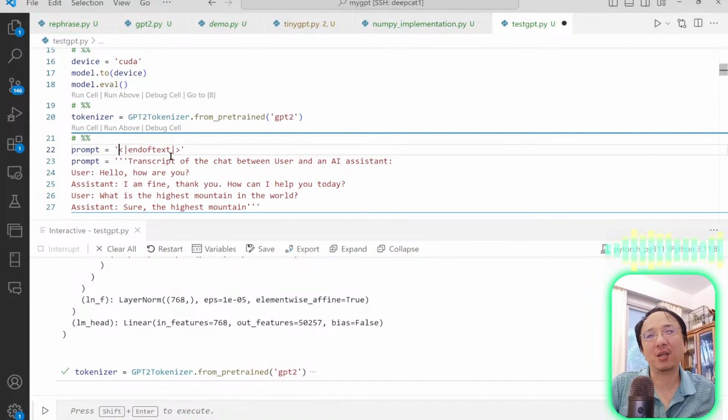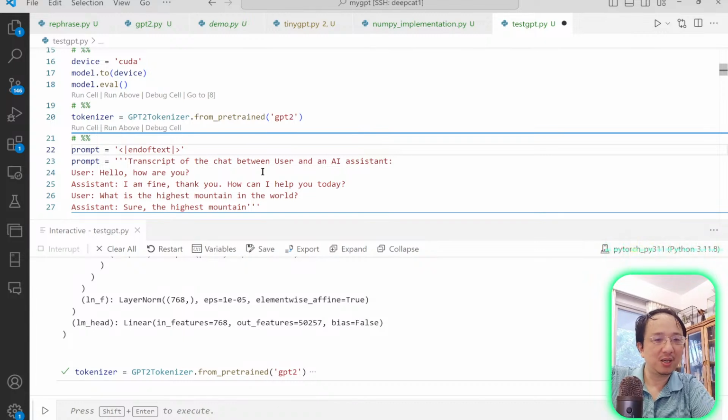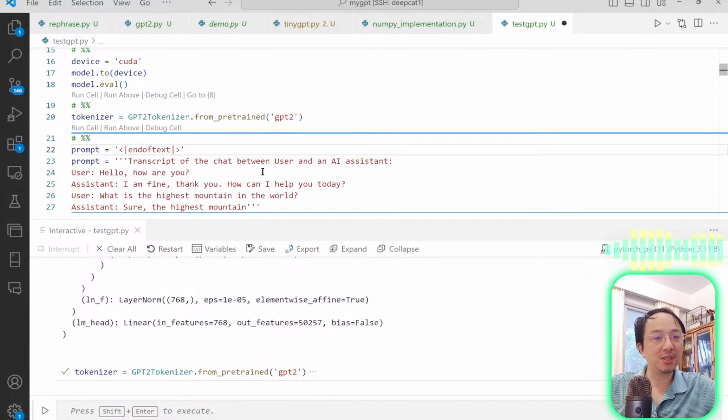As the name suggests, this token represents the end of the text. You can also have a start of text, or, when you do conversations, a token to indicate that the role has changed to another. You can use a token to indicate the beginning or end of a conversation, or a system prompt, the system instruction, or other kinds of things.